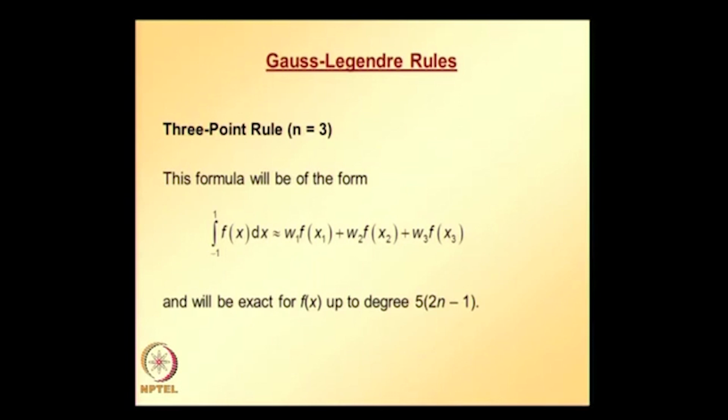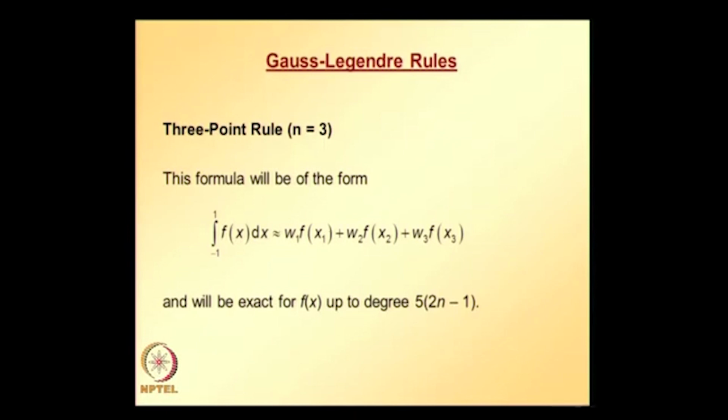So, how to determine these weights and these locations? We need to adopt a similar procedure to what we already looked at. We need 6 equations to determine these 6 unknowns uniquely, that is f(x) is equal to 1, f(x) is equal to x, f(x) is equal to x square, f(x) is equal to x cube, f(x) is equal to x power 4, f(x) is equal to x power 5.